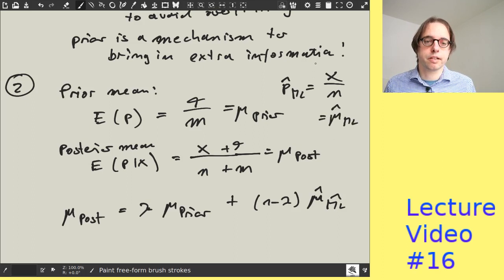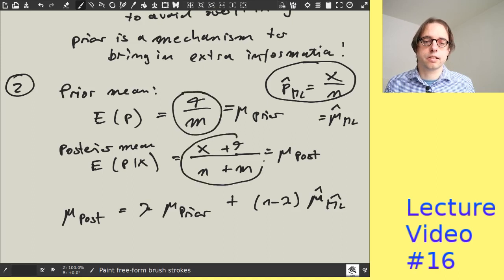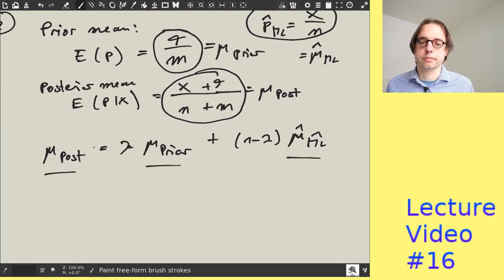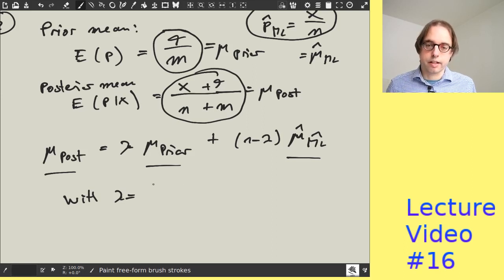So we have three things here, and this shows up here, here, and here, with lambda in this case equaling n over m plus n.